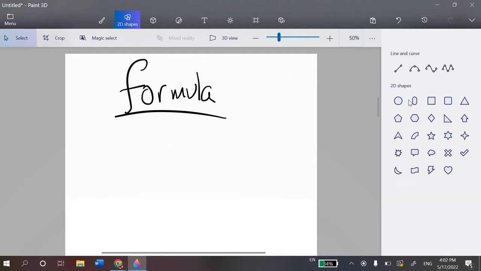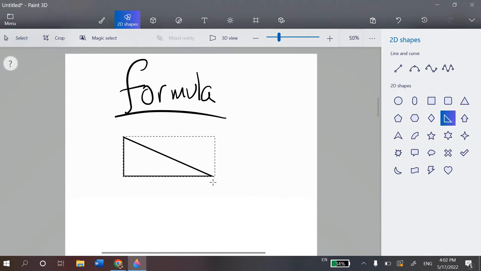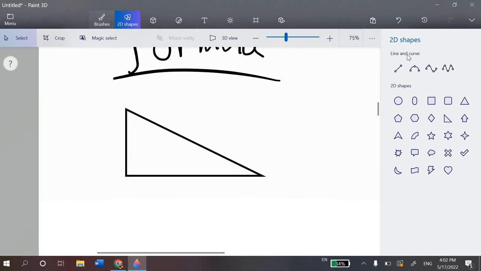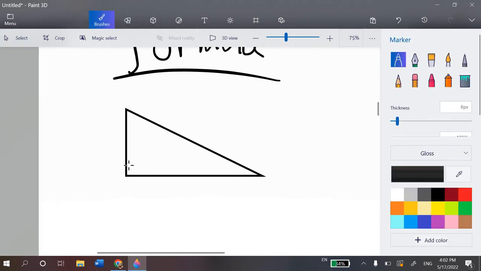So when we have our triangle here, our 90-degree triangle, our right angle triangle, here is the 90-degree angle.